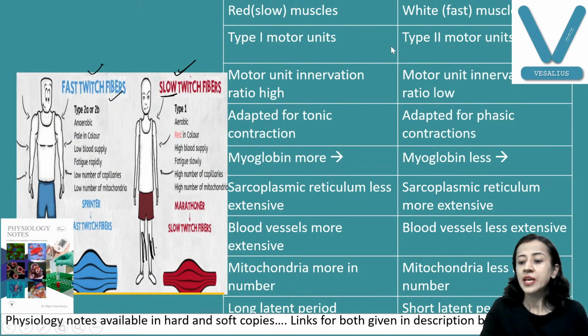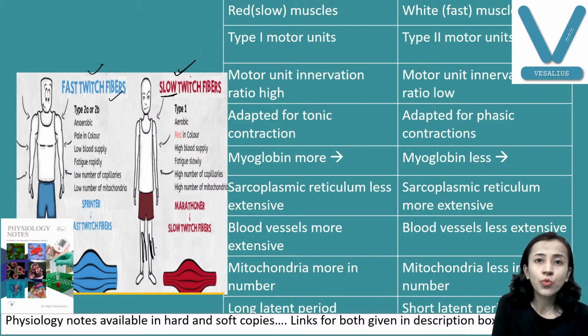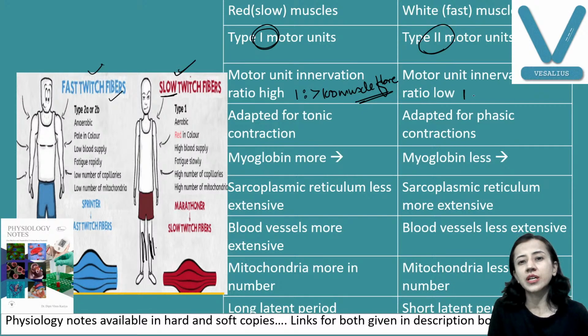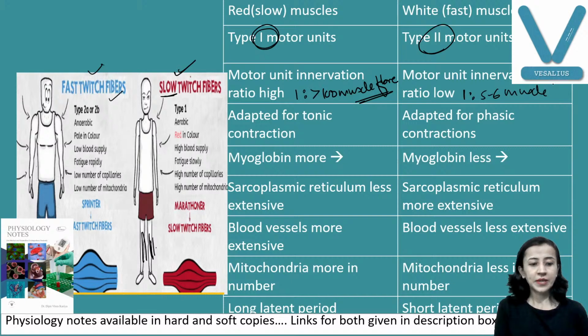These slow motor units are also known as type 1 motor units and the fast ones are type 2. In type 1, the motor unit innervation ratio is high, meaning one motor nerve supplies more than 100 muscle fibers, whereas here one motor nerve supplies only 5 to 6 muscle fibers.